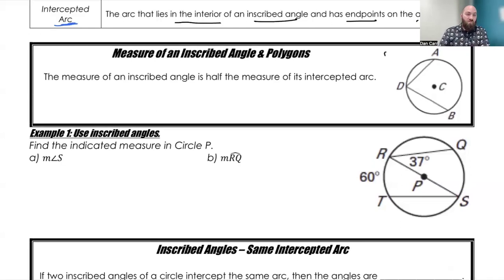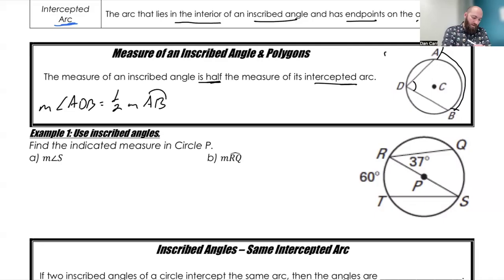First one is the measure of an inscribed angle. So if we look at this one, the measure of an inscribed angle is half the measure of its intercepted arc. So when I look at this one right here, here's my arc and here's my angle. So the measure of angle ADB is equal to one half the measure of arc AB.